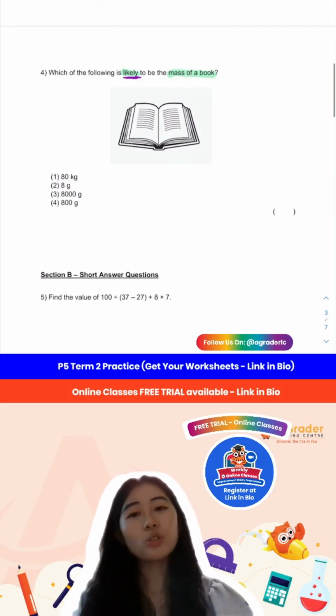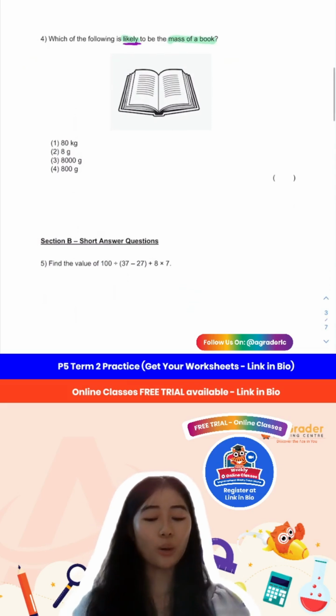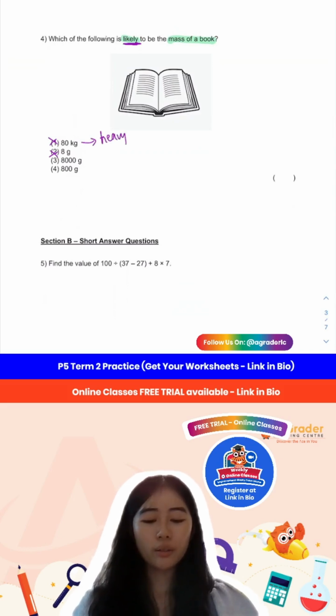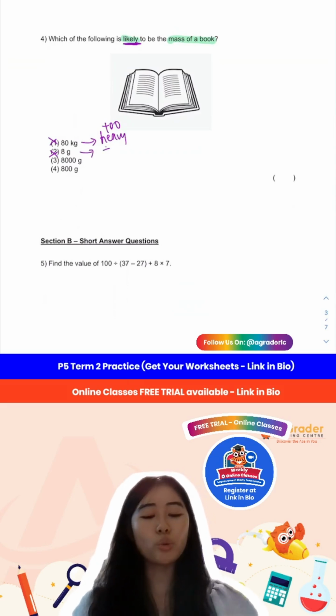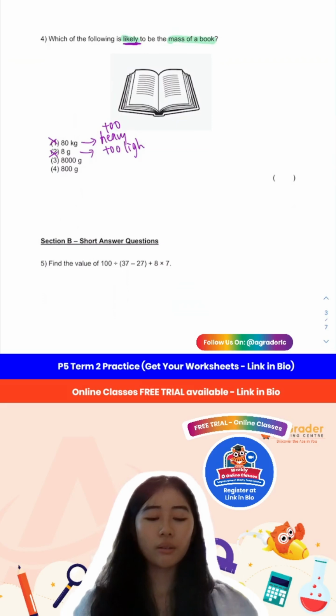Alright, so the first two options that you should cancel out are option 1 and option 2. Because option 1 is 80 kg, that is way too heavy. Whereas 8 grams is too light. So you're left with option 3 and option 4 that are a little bit more possible.